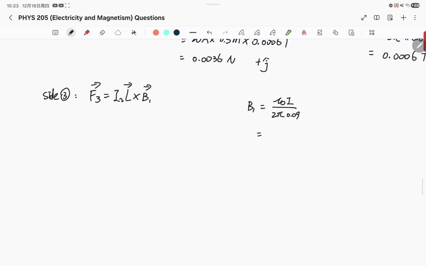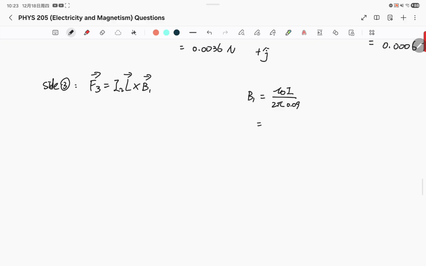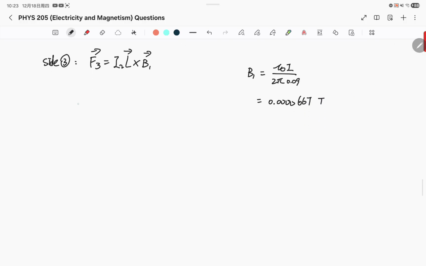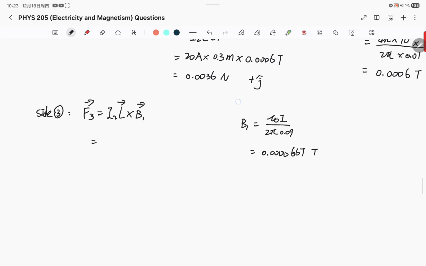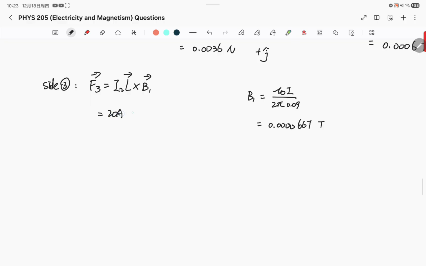And that gives me a value of this much. So F3 is equal to, I2 is the same, 20 amps. Length is the same.